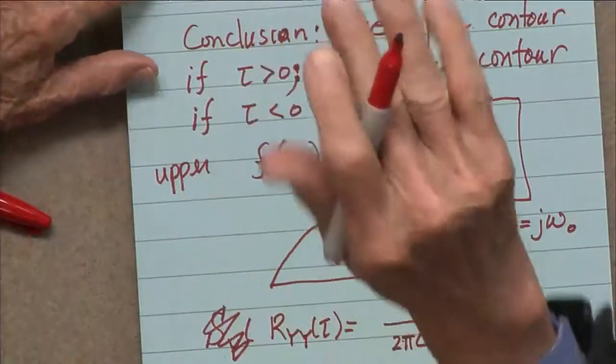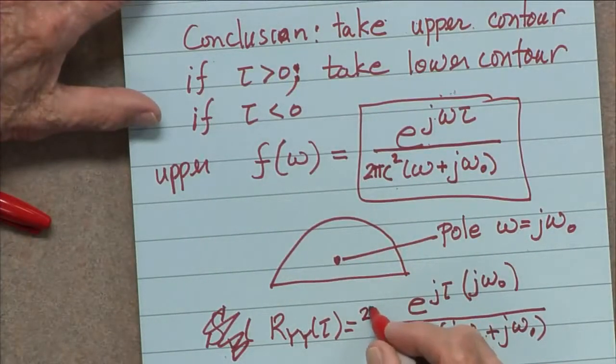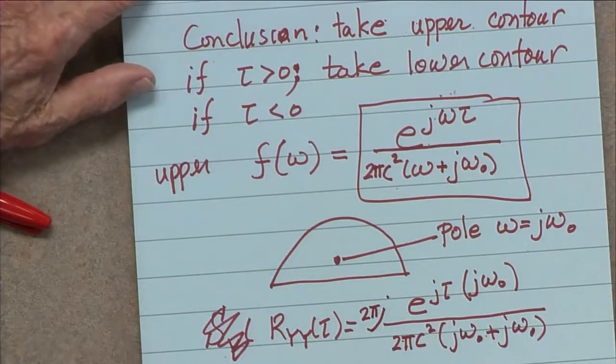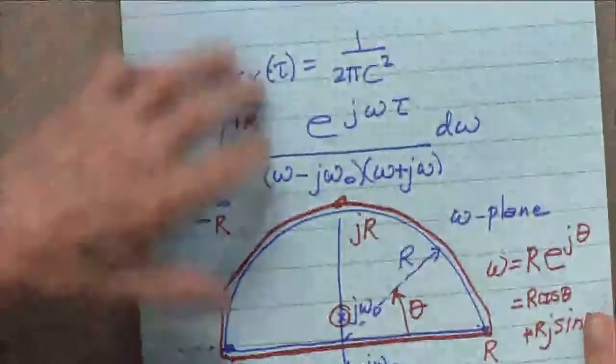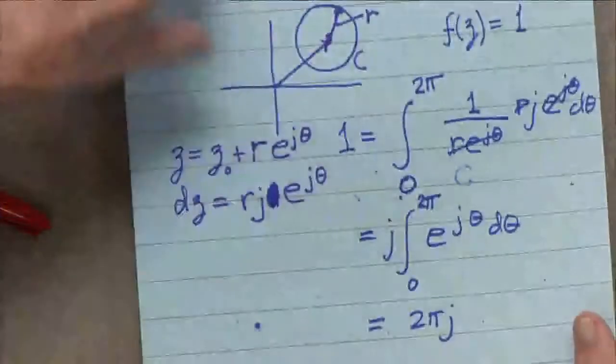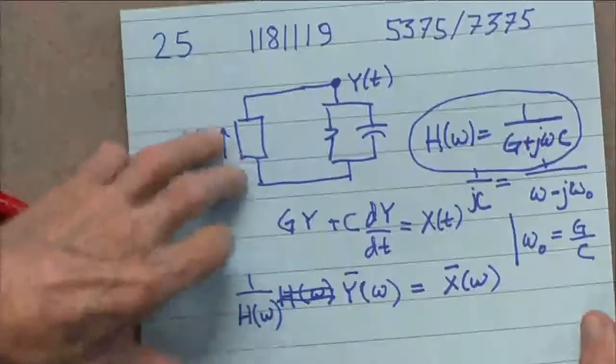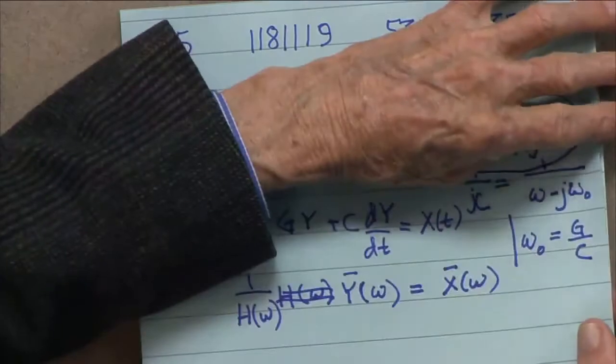Oh, I forgot the 2 pi j, right? 2 pi j. Cauchy's theorem.